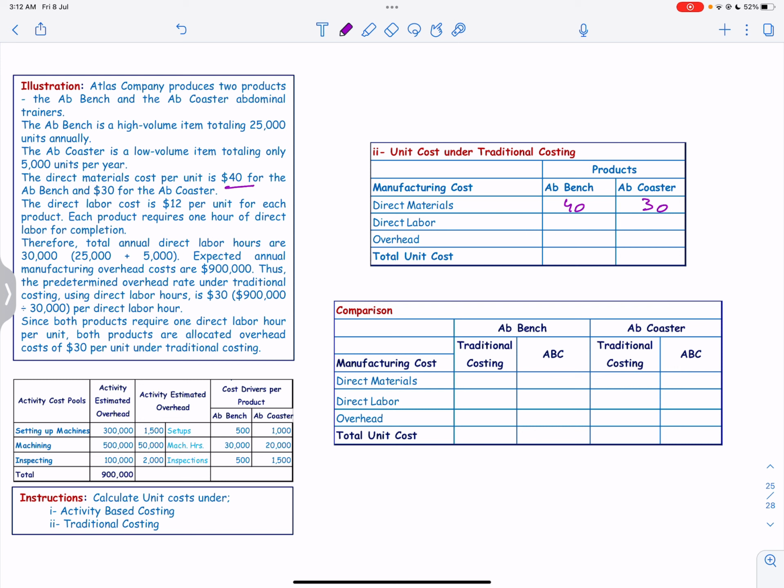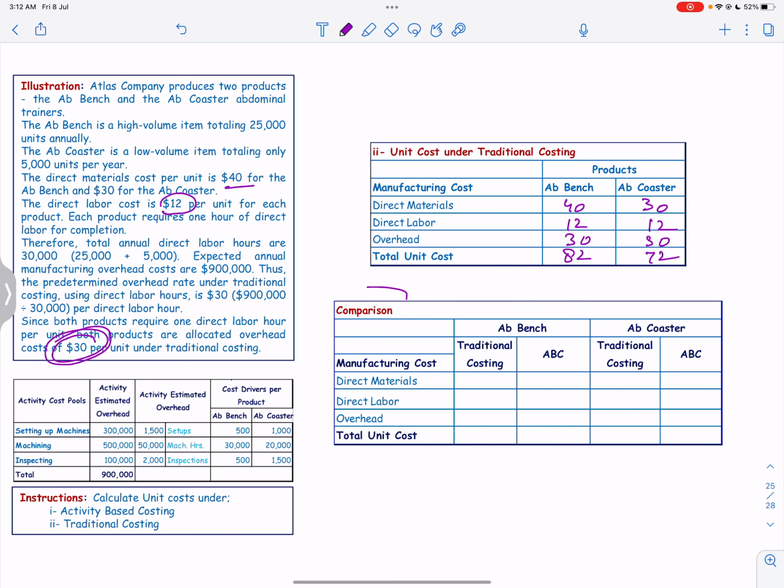For labor, it is given as 12 for both the products, 12 for each of them. And then the overhead we have calculated before is given to us as 30. So the total is 82 per unit and 72 per unit respectively.